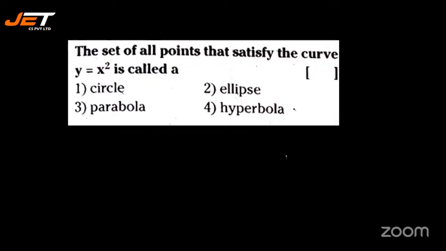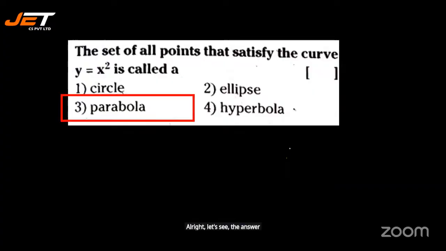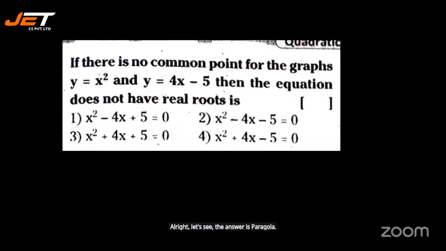All right, let's see. The answer is parabola. Right. Next question. If there is no common point for the graphs y is equal to x square and y is equal to 4x minus 5, then the equation that does not have real roots is dash. I'm giving you 1 full minute. Please find out the answer and put it in the chat box.